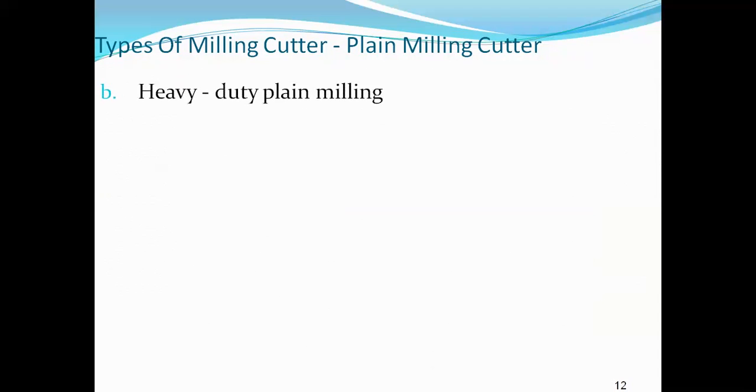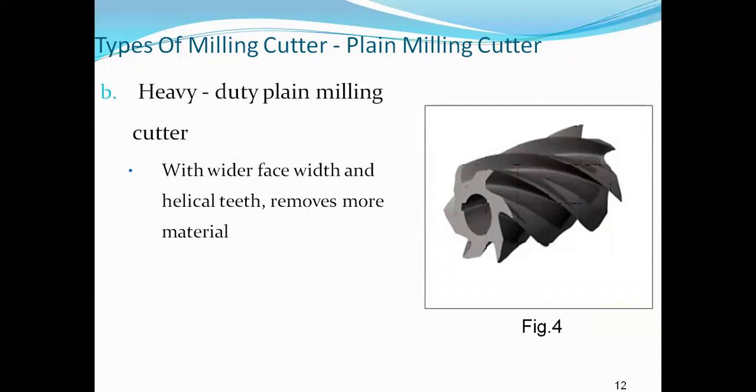Next, heavy duty plain milling cutter. It has a wider face width and helical teeth, and removes more material. In this, with a helix angle between 25 to 45 degrees, better shearing takes place.